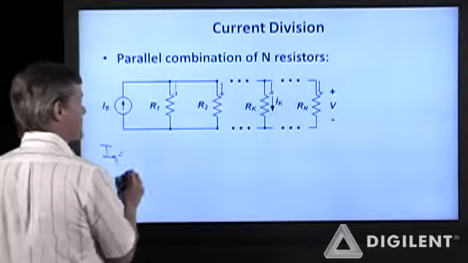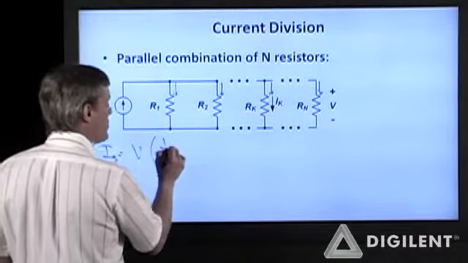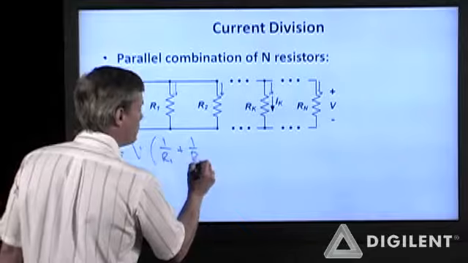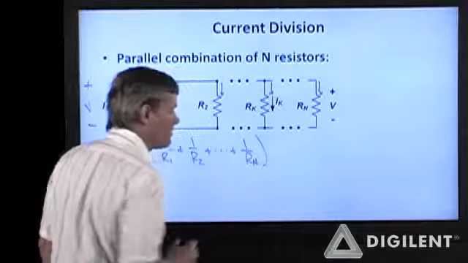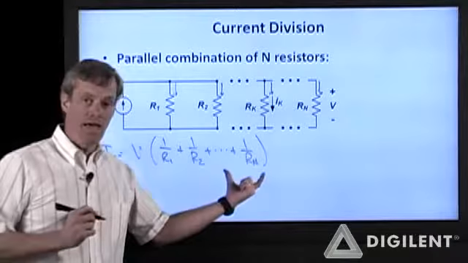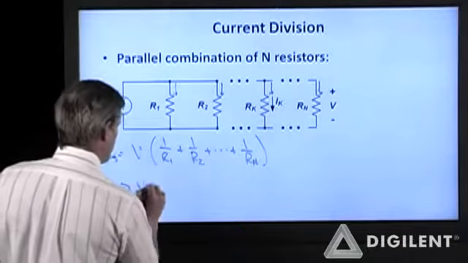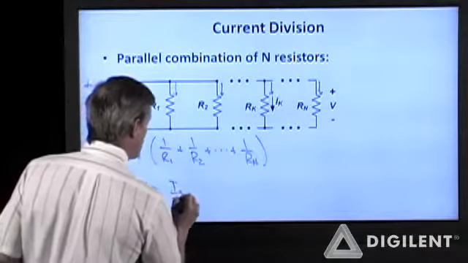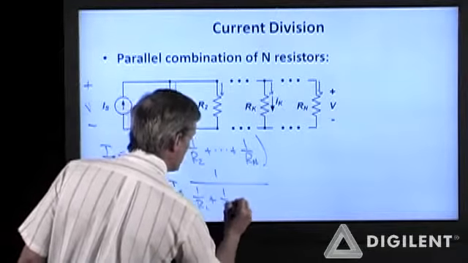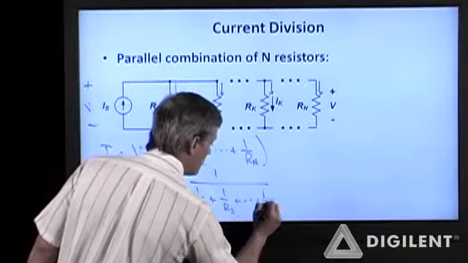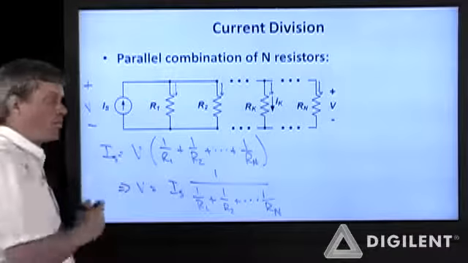So I sub S is equal to, if this voltage difference is V, V times 1 over R1 plus 1 over R2 plus the currents through all the other resistors up to 1 over R sub N. Therefore, V is equal to I sub S times 1 over R1 plus 1 over R2 plus 1 over R sub N. I'm dividing both sides by this quantity.